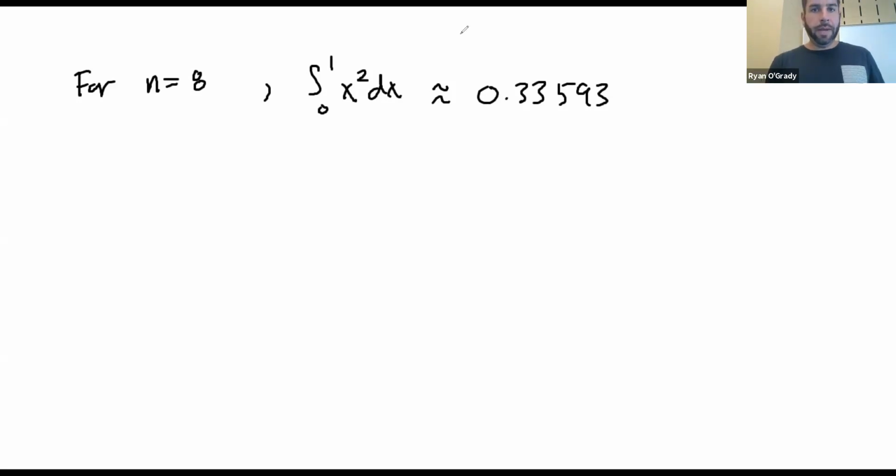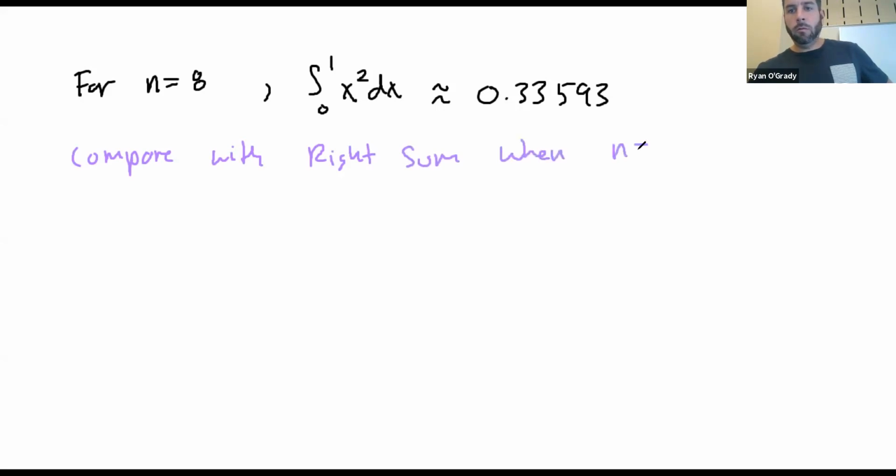So if you compare with the right sum, when n equals 8 with the right sum, we got 0.3984, I believe.